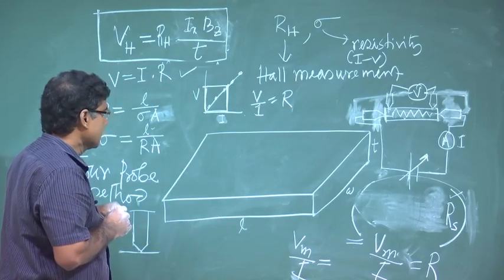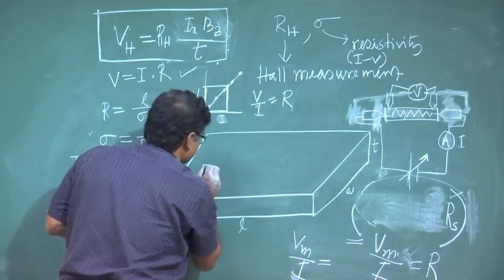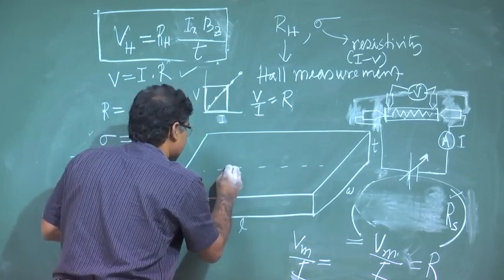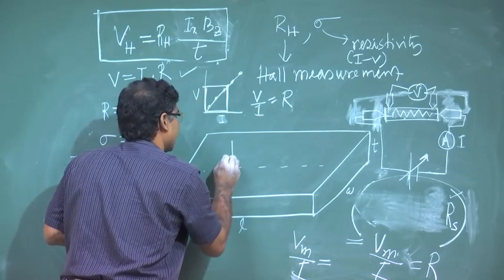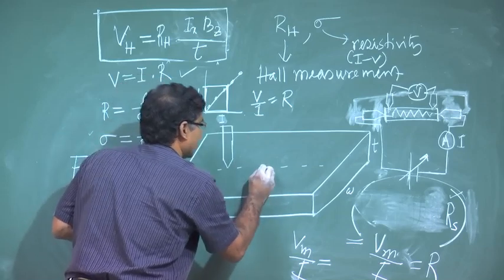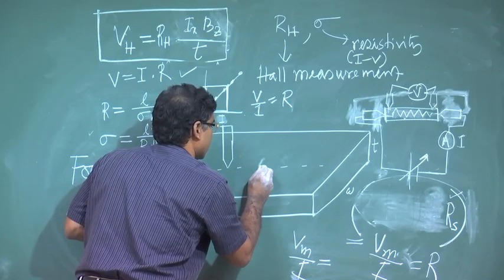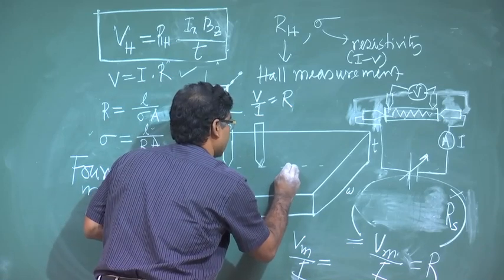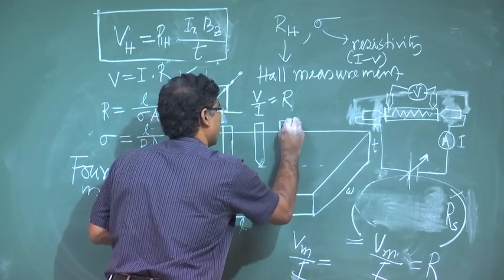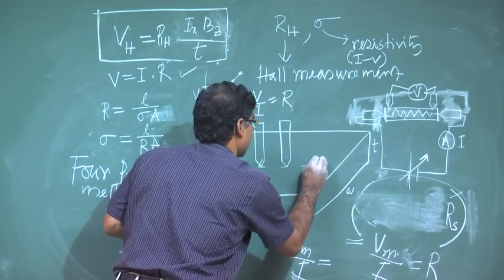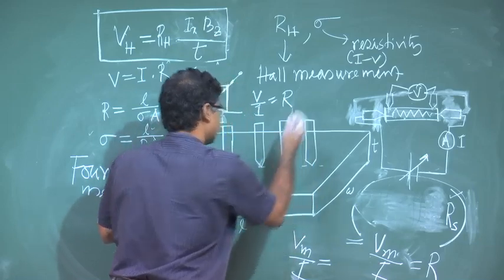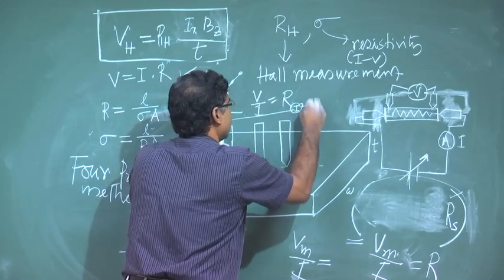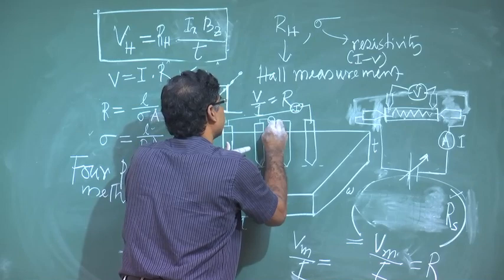So, here, whatever I explained, basically in the middle of the sample at equal distance we take these probes. So, these outer 2 are used for current and these inner 2 are used for measuring voltage.